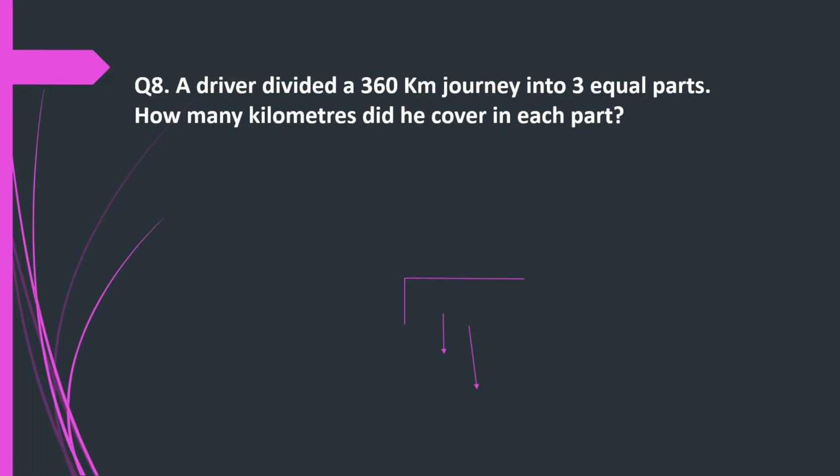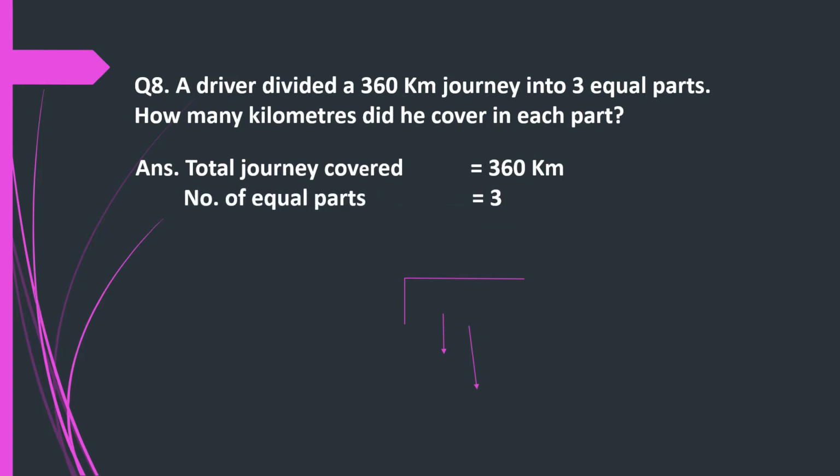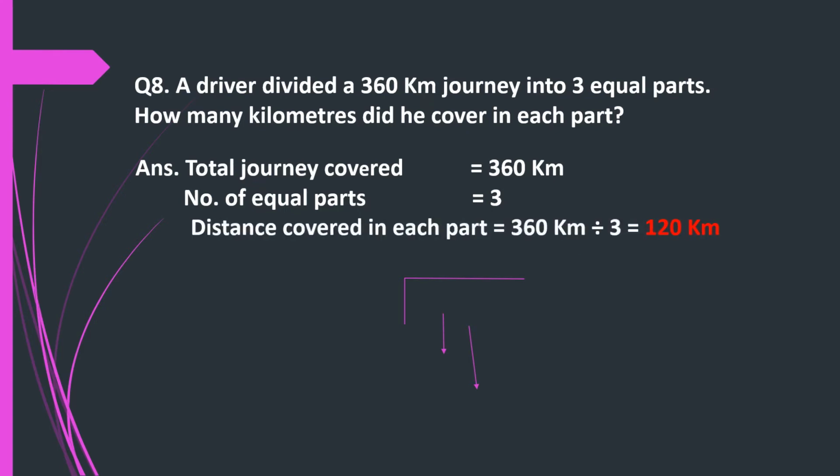So you have to find the distance in each part. So first you will write total journey covered, that is 360 kilometers, and number of equal parts are 3. So you will divide, children, to find out the length of each part. As I told you earlier also, whenever each part is asked, you have to divide distance covered. So 360 kilometers divided by 3, answer will be 120 kilometers.